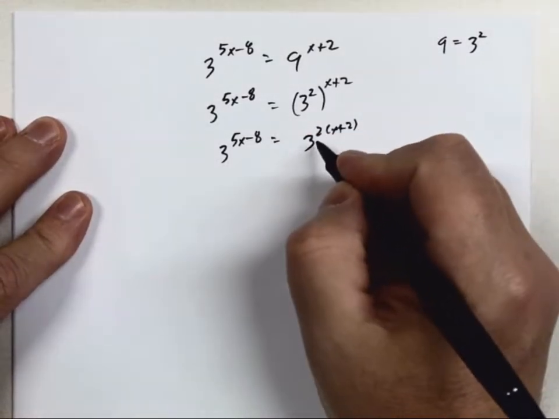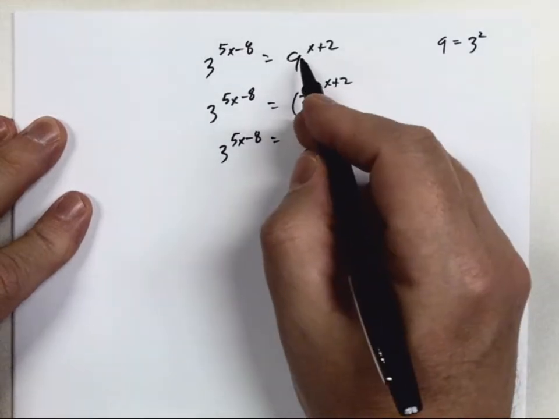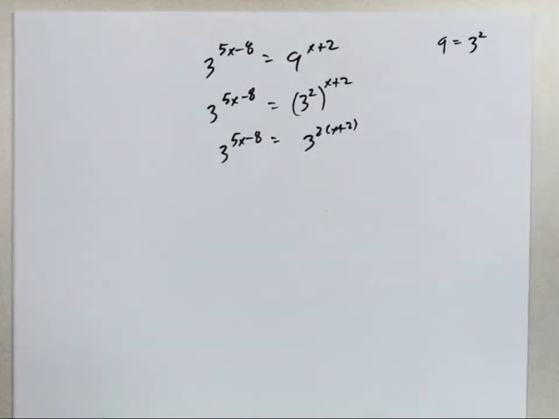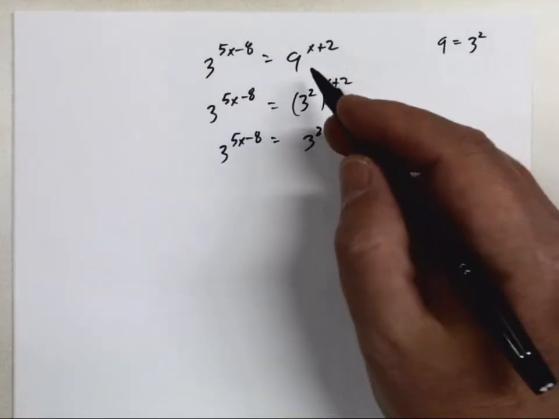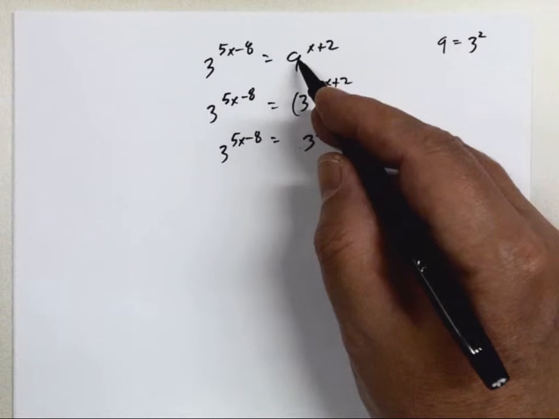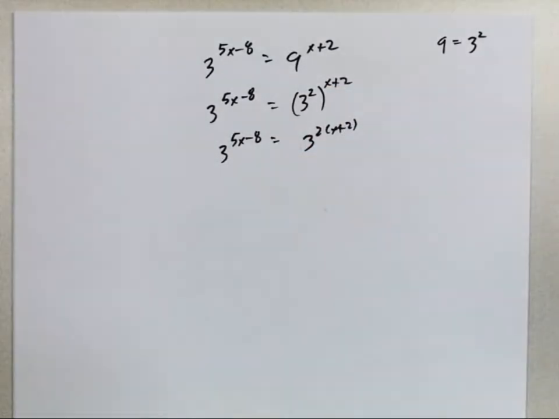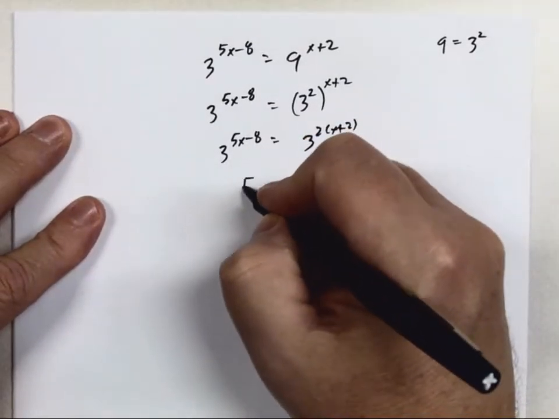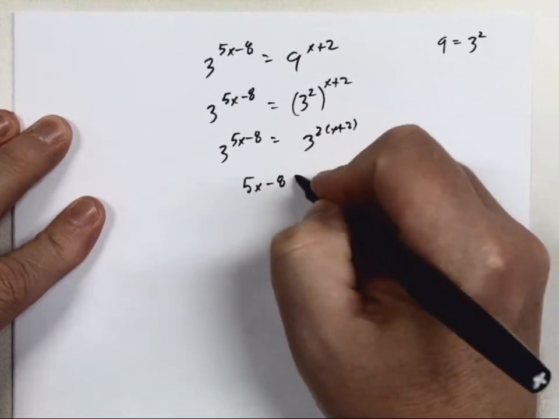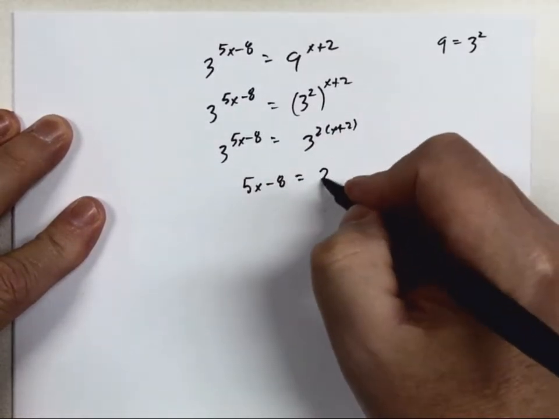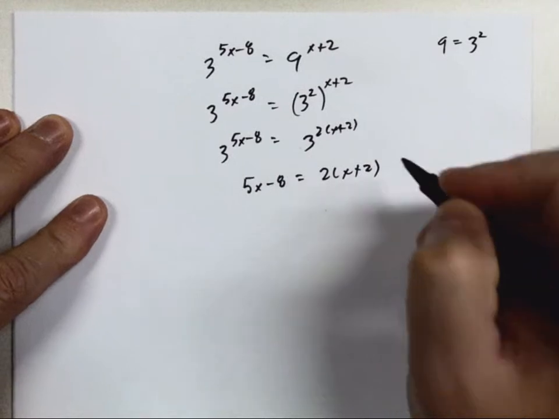So now, look what I've done. When the problem began, I did not have the same base, but then I realized, since they had made the base up here 9, I could change it, and now I would end up with the same base. So now if the base on both sides is 3, I can just set the exponents equal to each other.